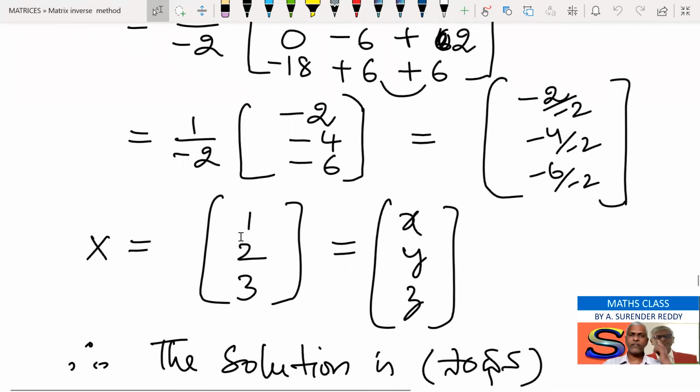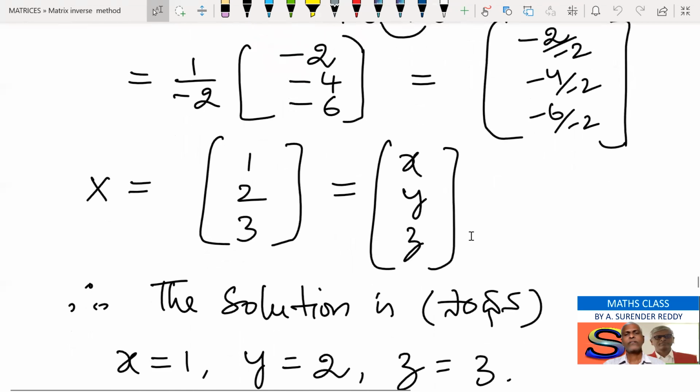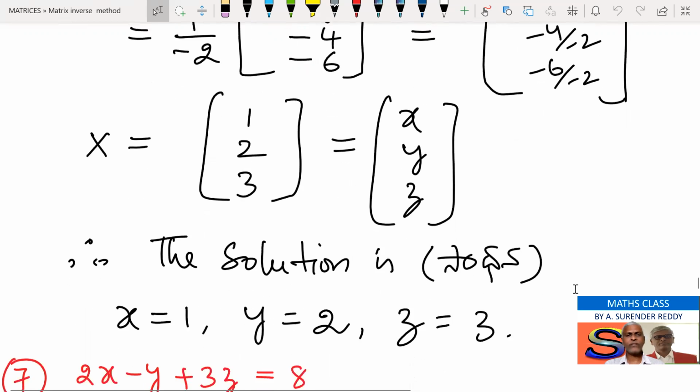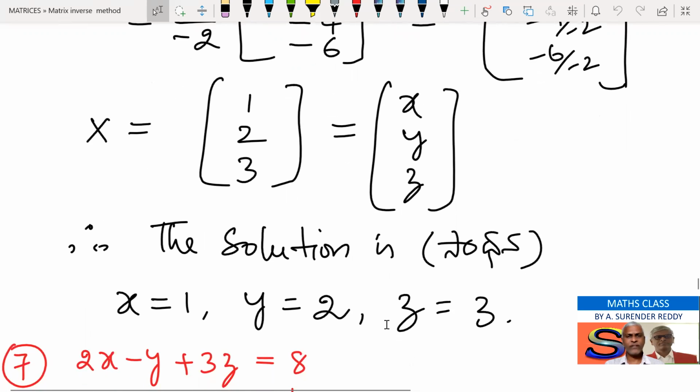So that will give us 1, 2, 3 values. So that is the matrix X, and X is nothing but the variable matrix x, y, z. So the solution, the values of x, y, z: x is equal to 1, y is equal to 2, z is equal to 3.